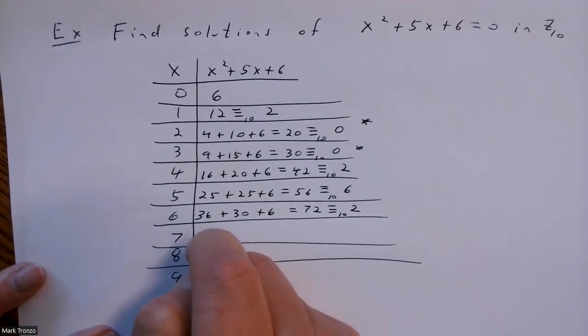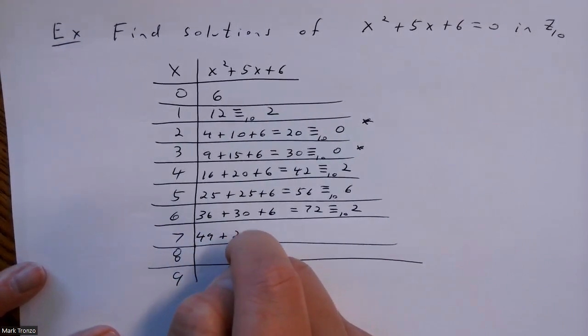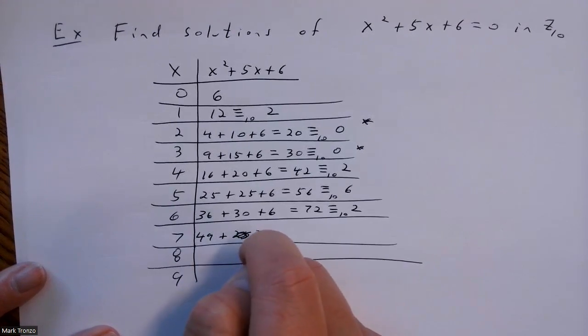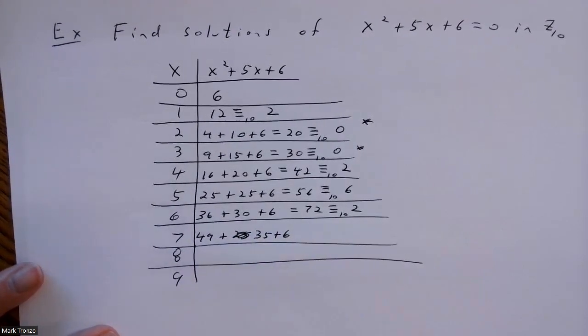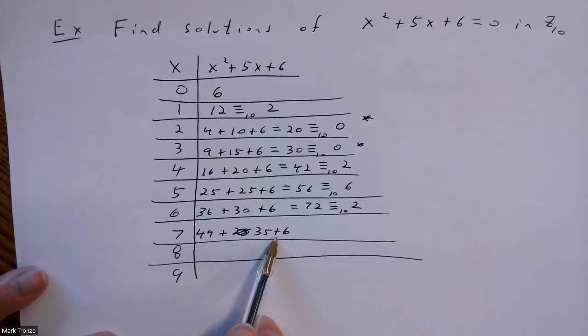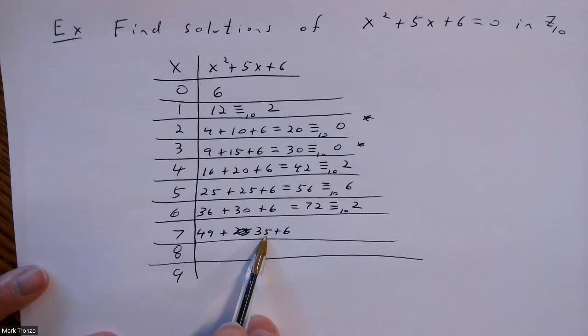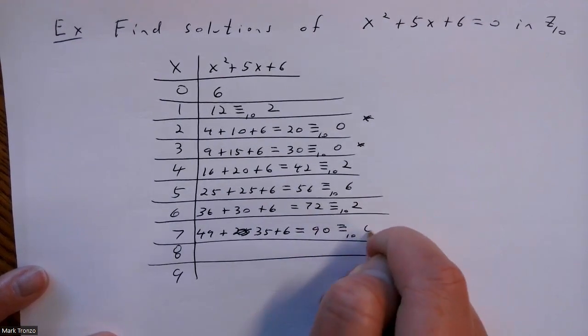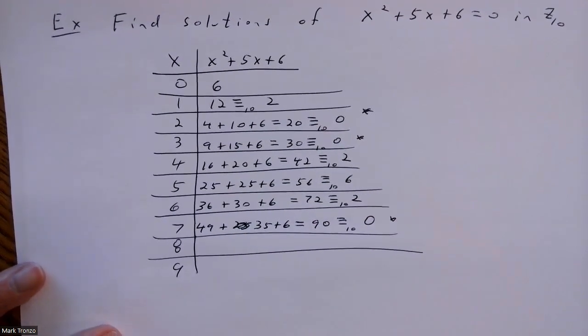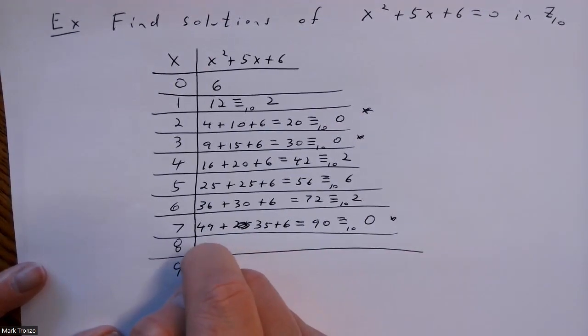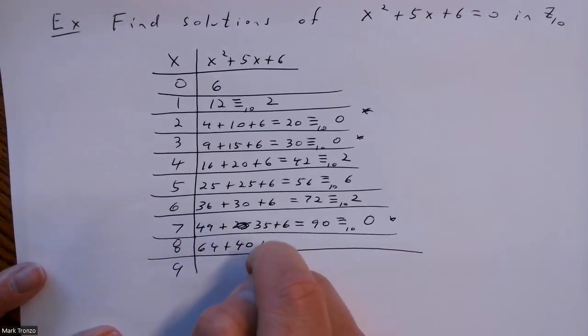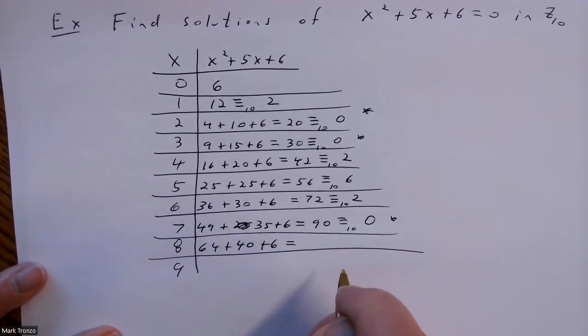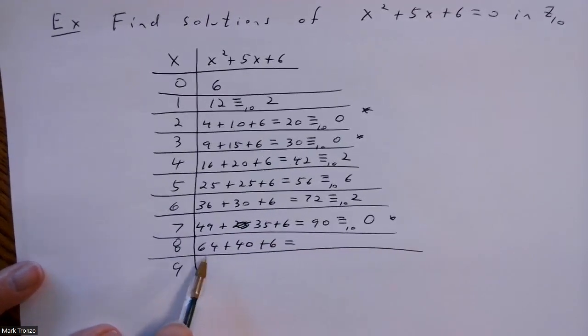And if we did 49 plus 35 plus 6, looks like that's going to end up with a 0. That'll be 41, looks like 90. And that'll work. And then the next one, 64 plus 40 plus 6, that's also going to end up with a 0 on the end, huh?